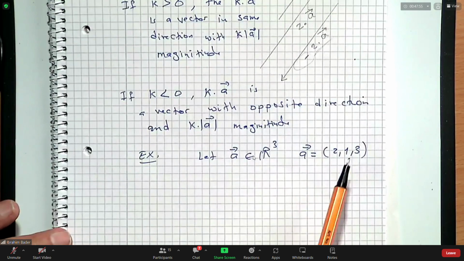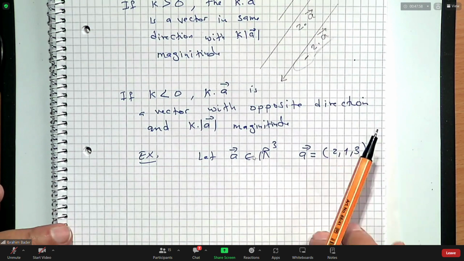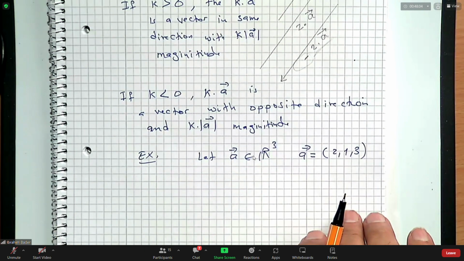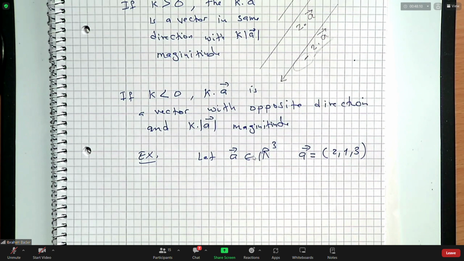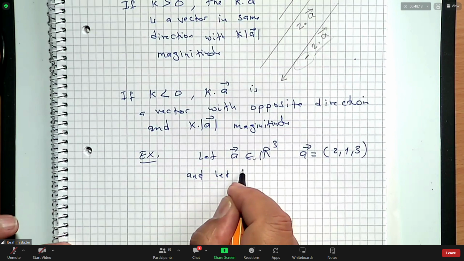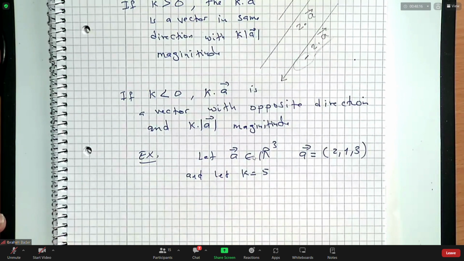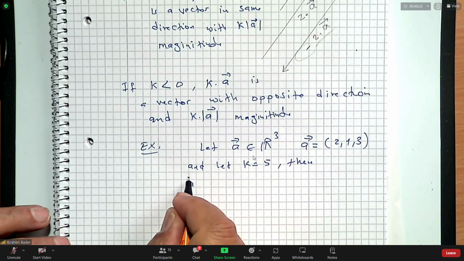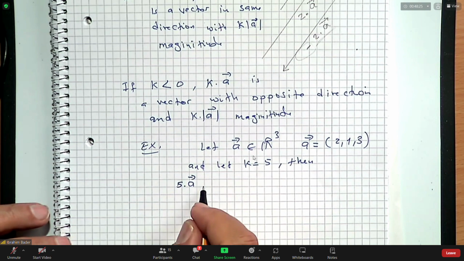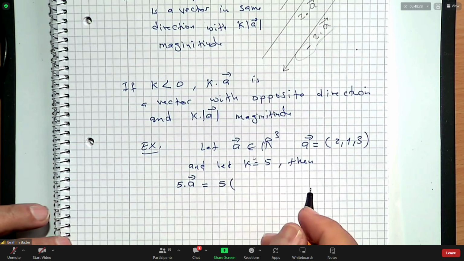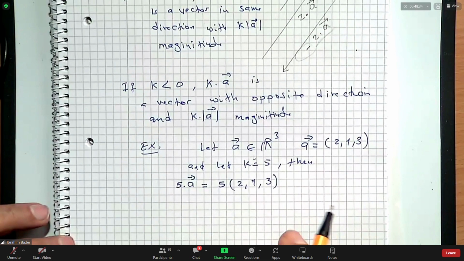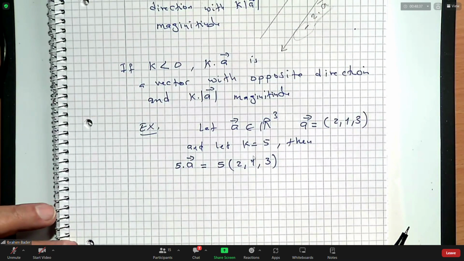As you see, maybe in the worksheet I listed them in a column or in a row, whichever notation you use. Let's assume K equals 5. Then A multiplied by 5 is equal to 5 multiplied by all these coordinates of the vector itself.